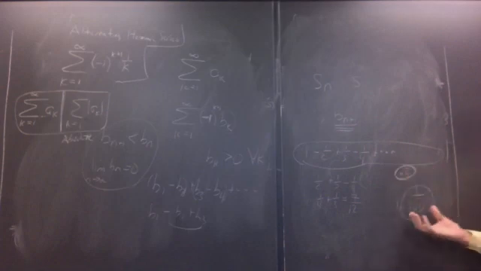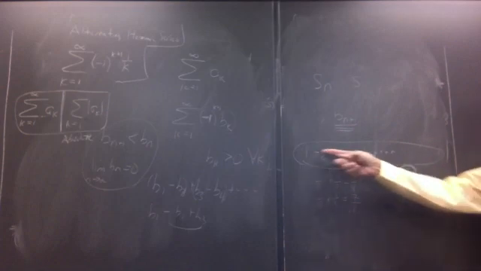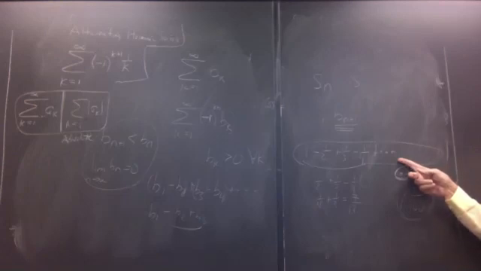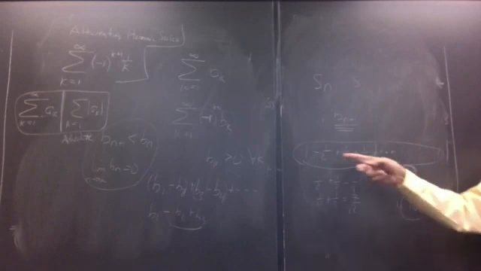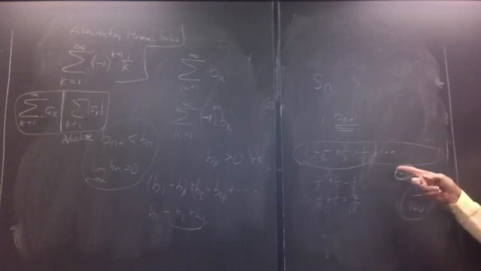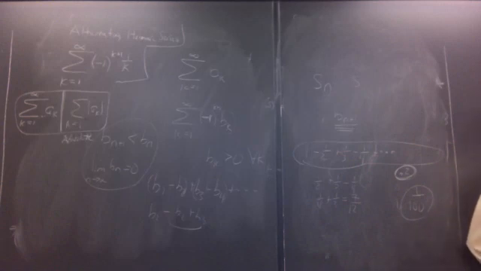How many terms do I have to add to guarantee that? Well, if I want an error of at most 1/100, I'd have to add the first 99. If I add up the first 99, I'll be within 1/100th of the correct answer. So that's stating the error and asking you how many terms.